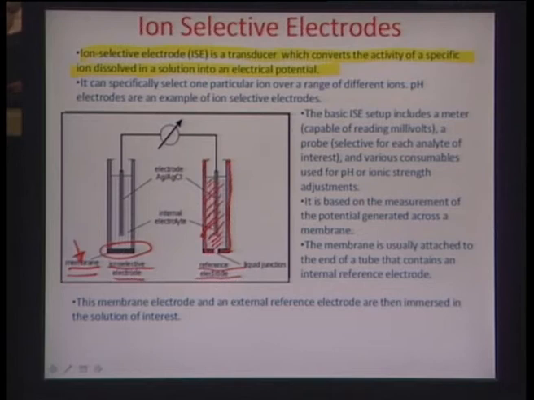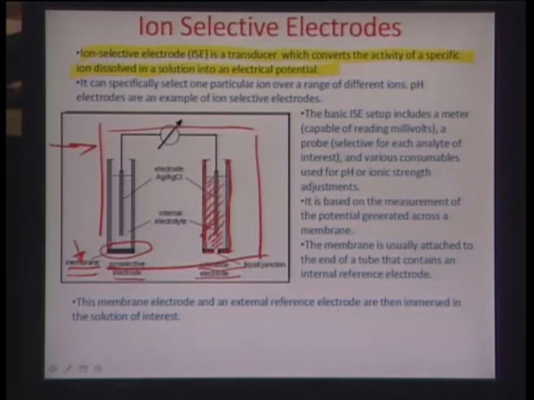So, this membrane is designed in a manner that it can take up only the few ions of interest from the solution, and this whole assembly is immersed inside the analyte of interest, and the potential difference is found out between the reference and the ion selective electrode, okay.